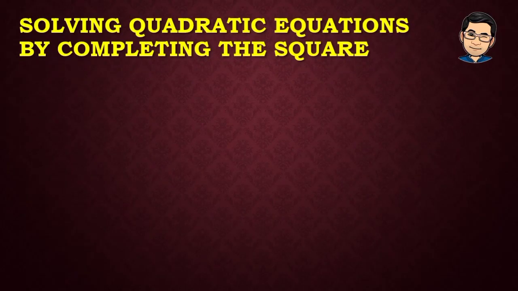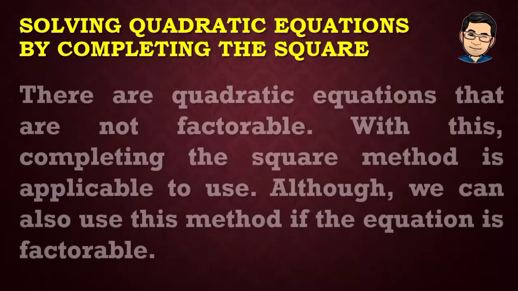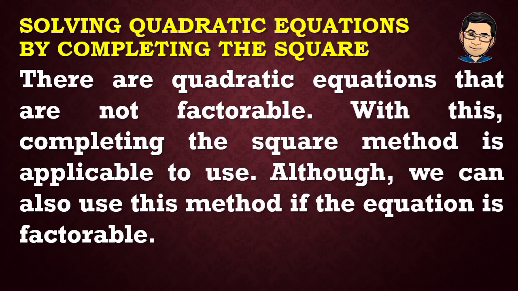Solving quadratic equations by completing the square. There are quadratic equations that are not factorable. With this, the completing the square method is applicable. Although, we can also use this method if the equation is factorable. So when we have quadratic equations that we cannot factor using extracting the square roots and factoring, it is suggested to use completing the square.